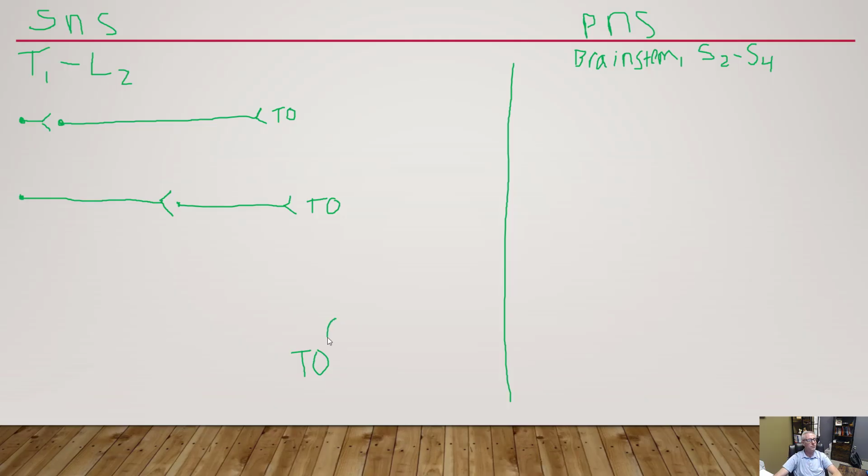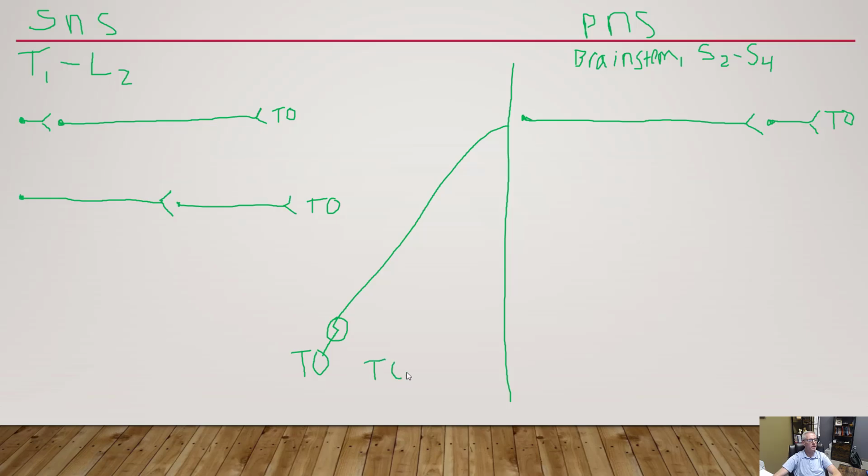They're either very near that target organ. So that's our first scenario. In that case, we would have a very long preganglionic fiber and a very short postganglionic fiber. So we'll draw that one. A very long preganglionic fiber and a very short postganglionic fiber to get to our target organ.